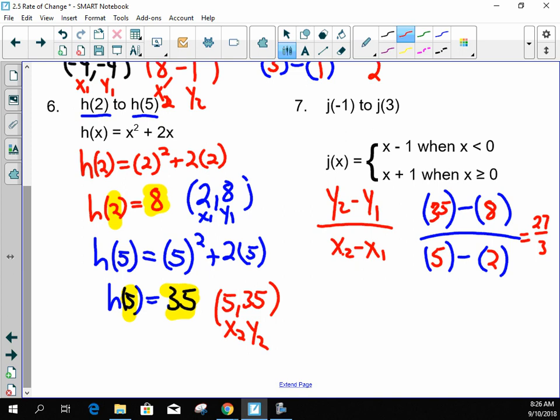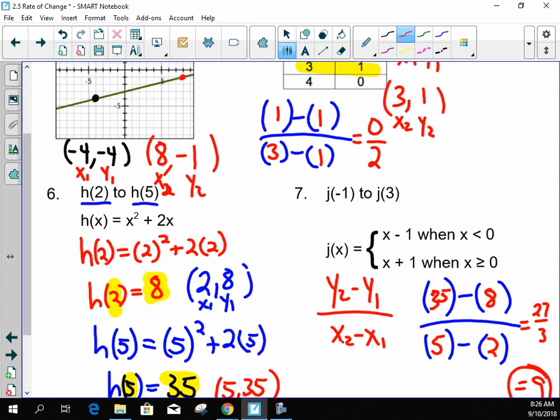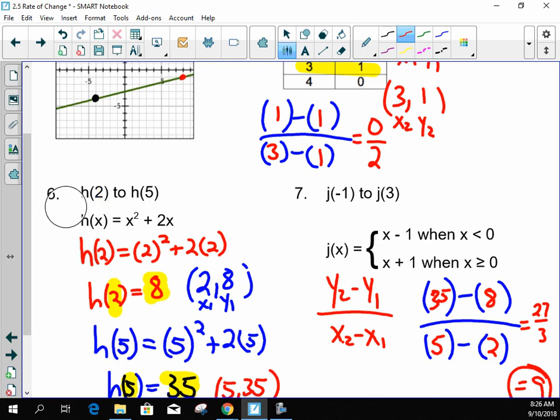If you put 27 over 3 on the test, it's wrong. What is it? 9. That's why I want you to use your calculator. So for this one, the rate of change from h of 2 to h of 5 is 9. Erase all of this so it looks a little cleaner. Equals 9.